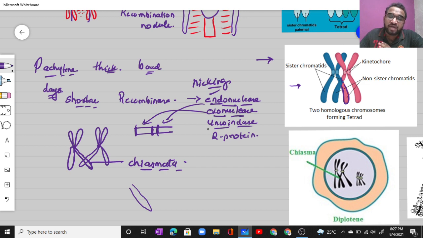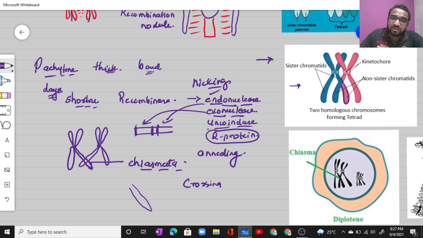So for this, the R protein reunites the cut segmented portion with the chromatid arms. And this reunion phenomenon that is happening is called the annealing process. So here basically a crossing over phenomenon is taking place.